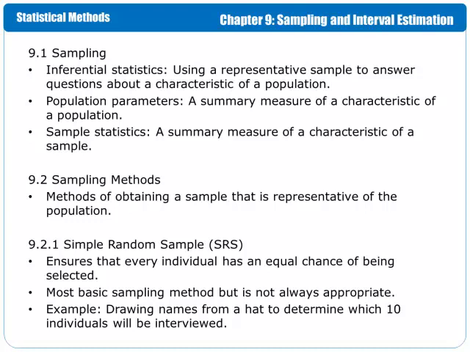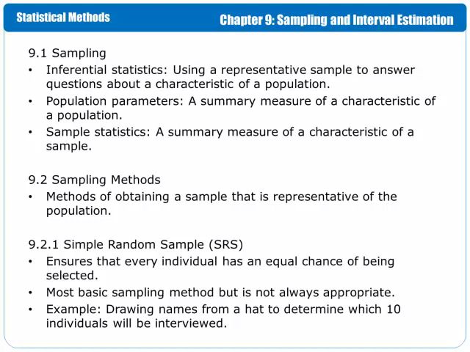And so what we do instead is we collect a sample of less than all individuals, and with that sample, we measure the characteristic. And then we use that measure on the sample to postulate what the characteristic would be like for the entire population.